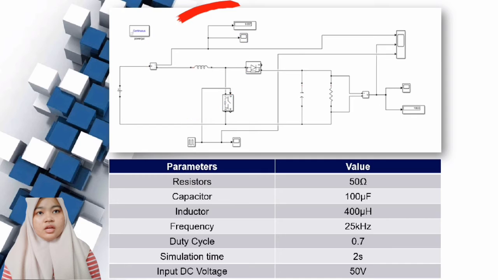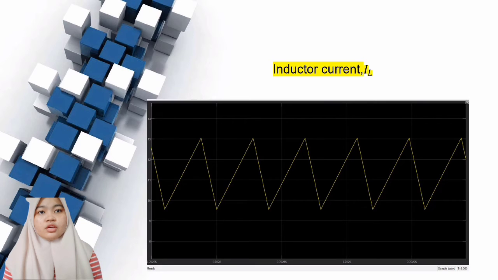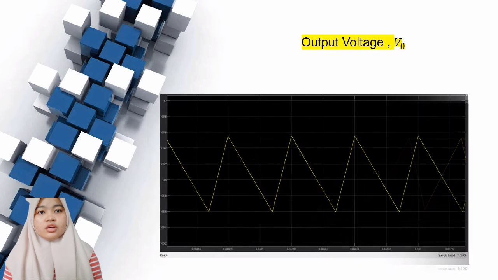We also connect it with the display and the scope block. The display will show the value of the inductor current, and the scope block will show the waveform. As shown in the scope block, the waveform of the inductor current looks like a triangle waveform.